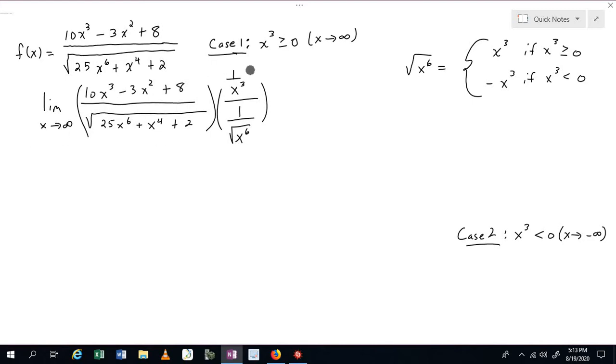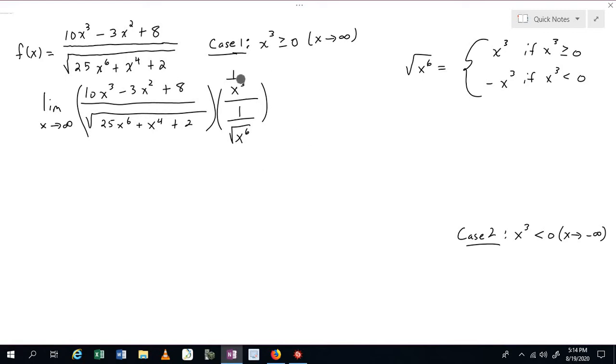So at some point x needs to become positive, and if x is positive, then x cubed is positive. That means we're in the first case of this piecewise function, and so the square root of x to the 6th power is actually equal to x cubed in this particular case.